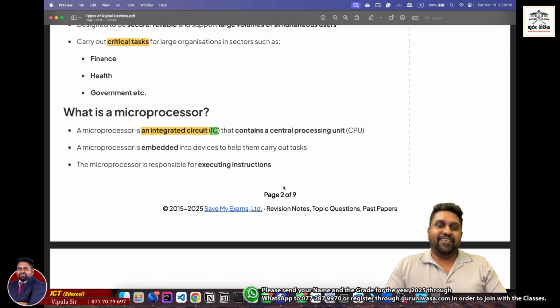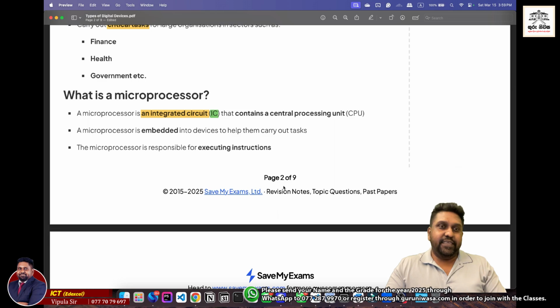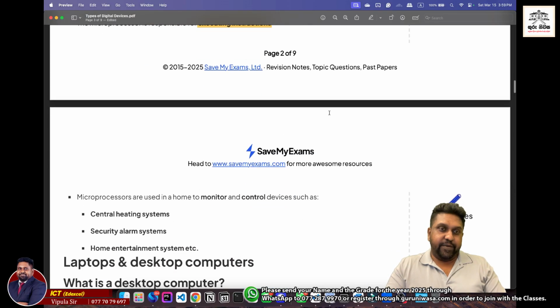It contains a central processing unit, and these are embedded into devices to make sure they can carry out a specific set of tasks. The microprocessor is responsible for executing instructions. Simple as that.